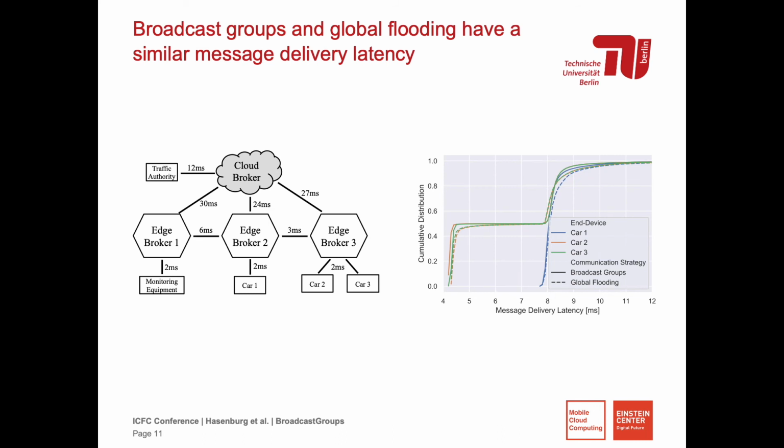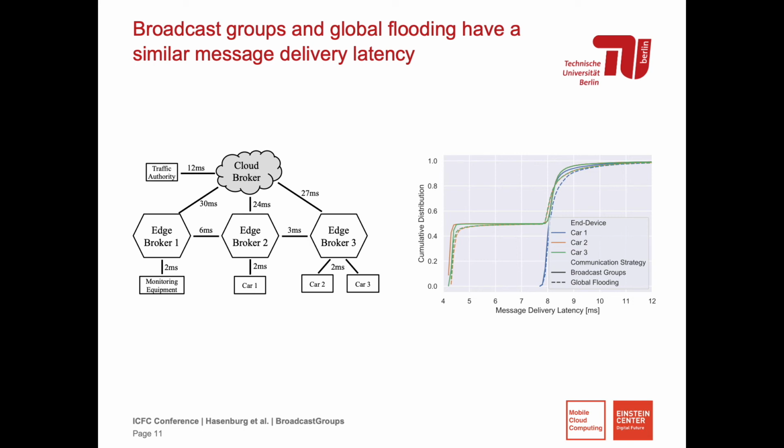When running the scenario workload, we can see that the latency of messages received by cars is similar for the global flooding and the broadcast group strategy. We call this latency the message delivery latency. For both strategies, 50% of the messages received by car 2 and car 3 have a latency of about 4 milliseconds, as the corresponding messages can be matched at edge broker 3 directly, and the one-way latency between edge broker 3 and each car is 2 milliseconds.